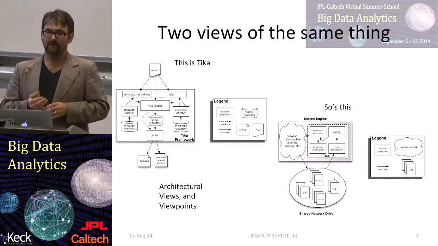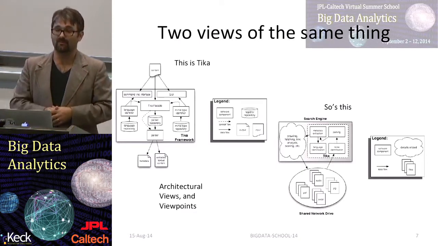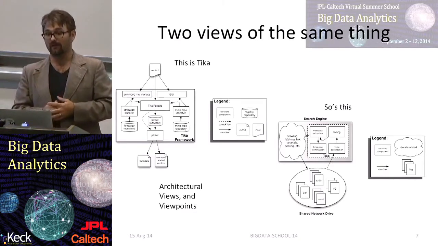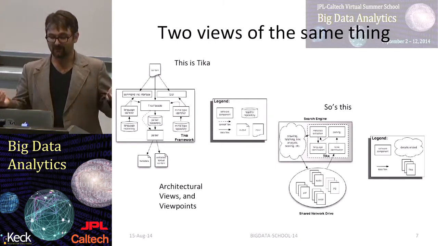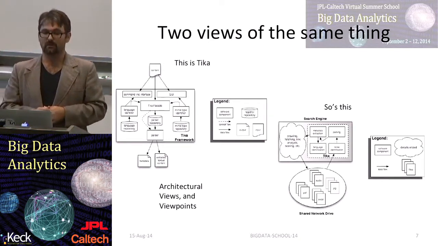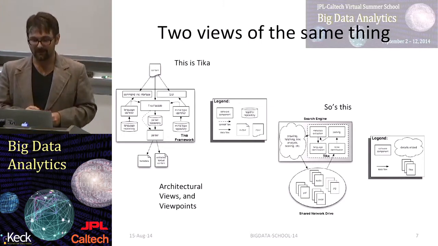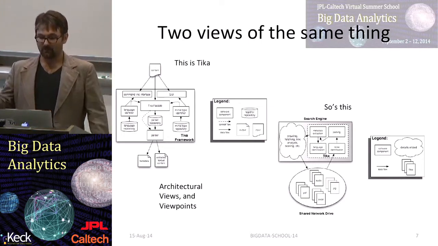A lot of times when you're thinking about visualizations, there are multiple views of the same architectural model or software architecture. These are two views of the Tika library. You'll notice a different cardinality of components and connectors in the left diagram from the one on the right.